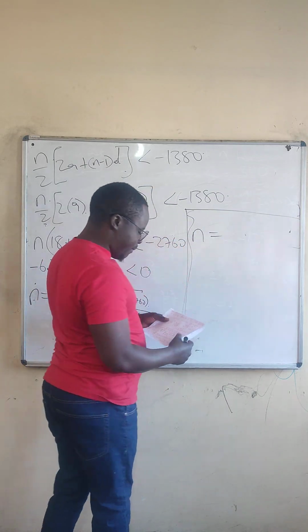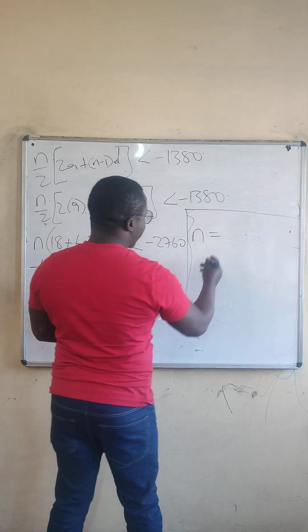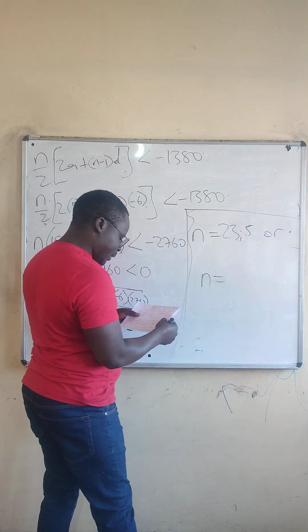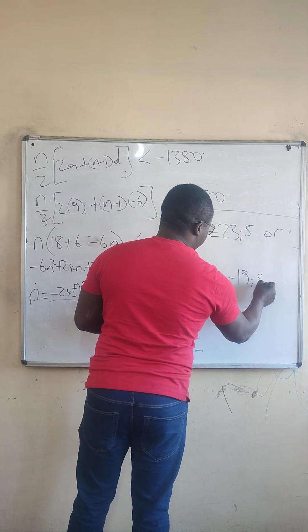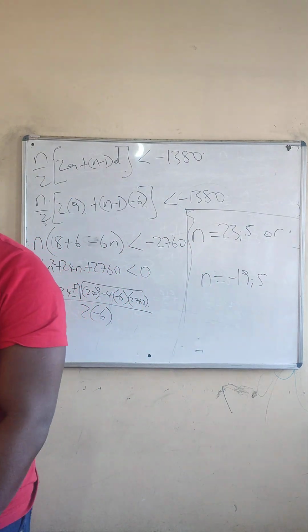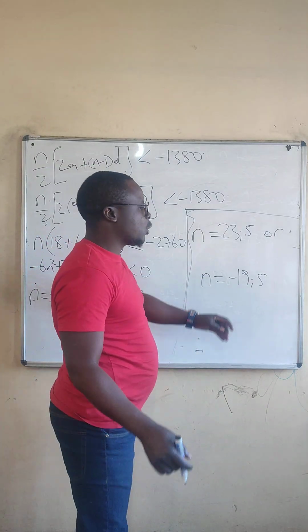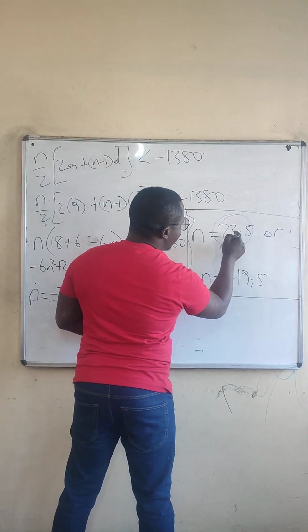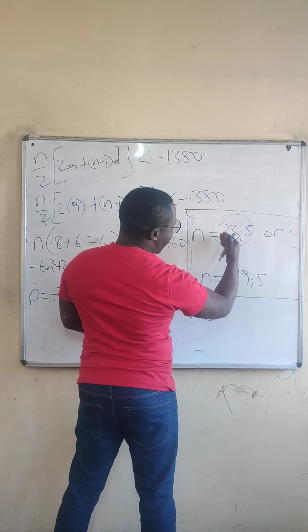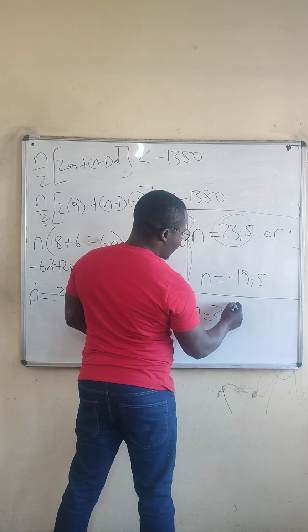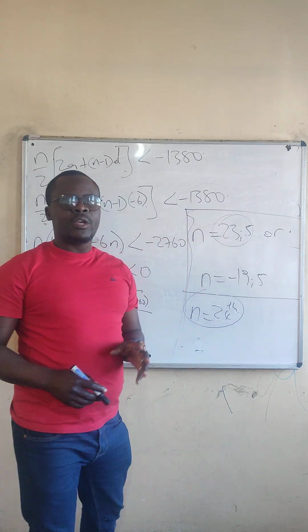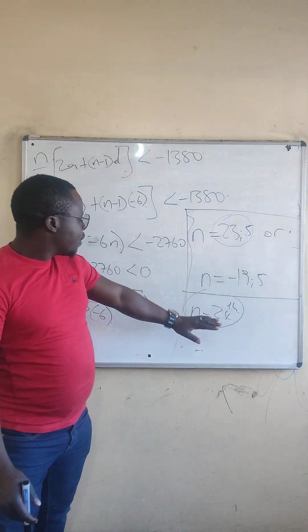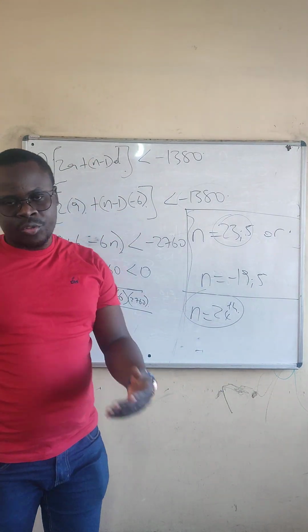If you punch a calculator, you're going to get n is either 23,5, or n is going to be equal to negative 19,5. But of course, we have to reject the negative n because these are numbers of terms. They can't be negative. So therefore, the minimum value is 23. We round up, so n is going to be 24. So n has to have a smallest value of 24. So you have solved for n on this condition.